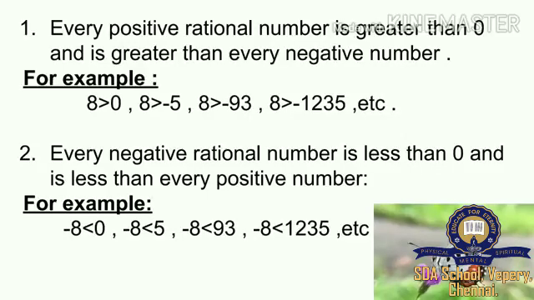Every positive rational number is greater than 0 and is greater than every negative number, right? On the right side, the numbers increase on the number line. For example, 8 is greater than 0. 8 is greater than minus 5, and 8 is greater than minus 93.